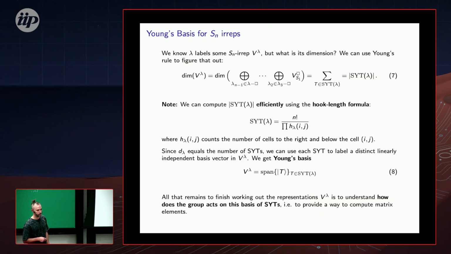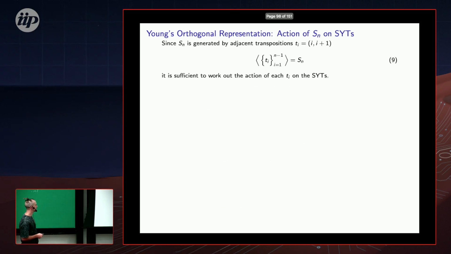There is more than one way. We can try to discuss this later. So we will build the irreducible matrices. Again, this means for each group element, find the d lambda by d lambda unitary matrix that embodies the representation.